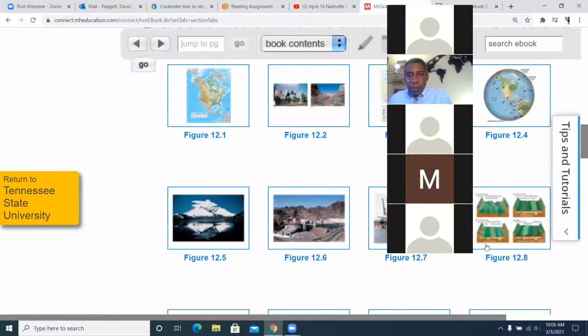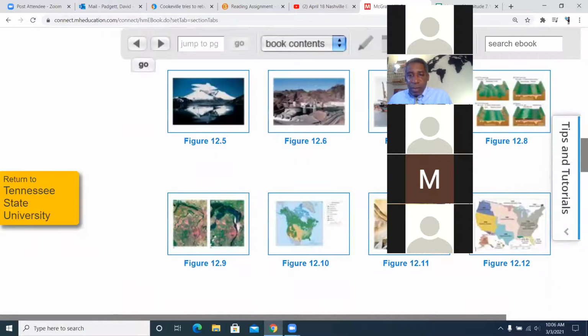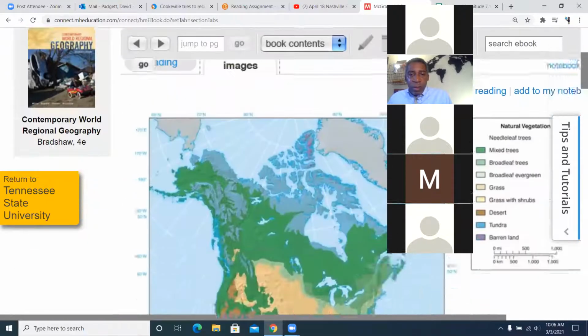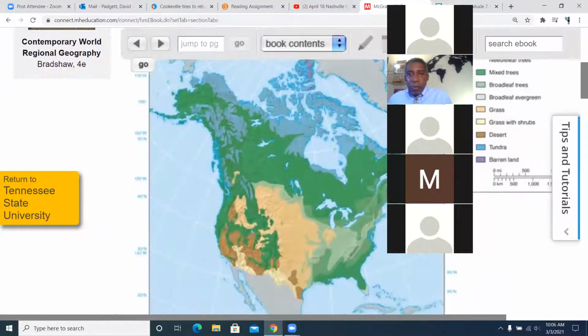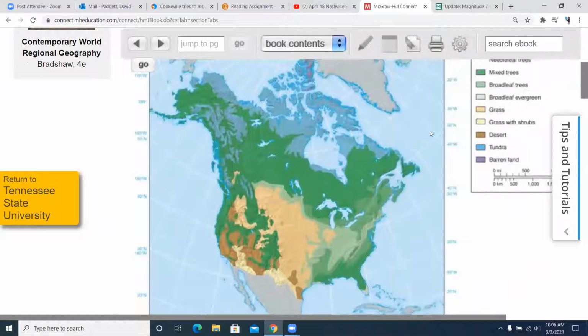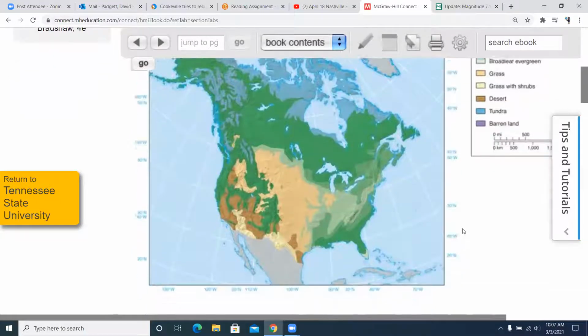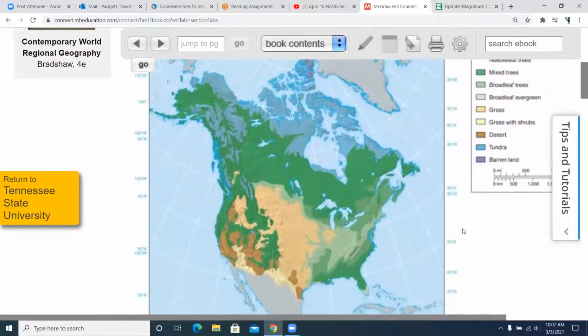Oh man, see 12-10, here we go. So figure 12-10 is, this map should look familiar from when you did your GIS assignment.